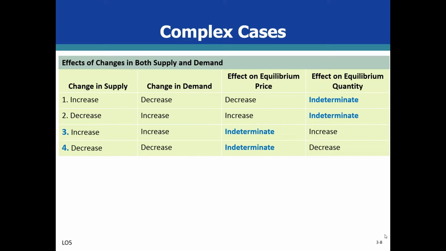Remember, when supply increases, price goes down, and vice versa. When demand increases, price goes up, and vice versa. When both curves shift to the right, we can't automatically explain the ending price result. The price is indeterminate.